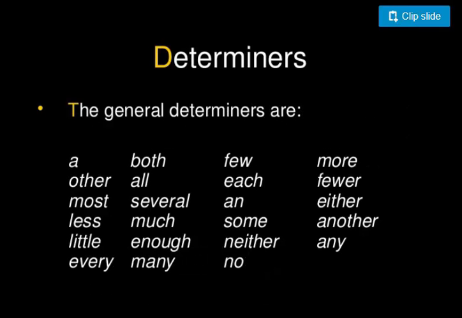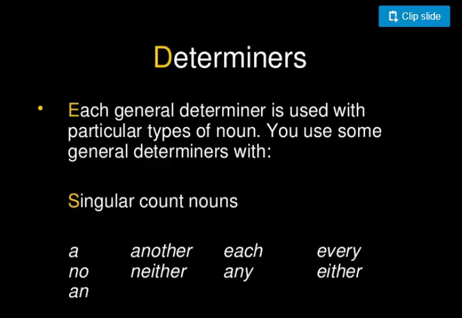So the general determinants are other, both, less, little, very, all, several, much, enough, many, few, each, some, neither, no, more, fewer, either, another, or any. Right? So each general determinant is used with particular types of noun.